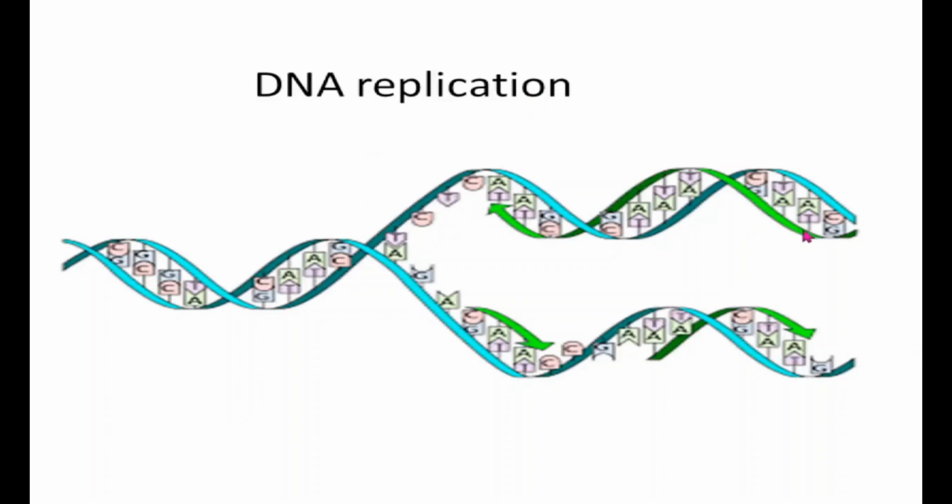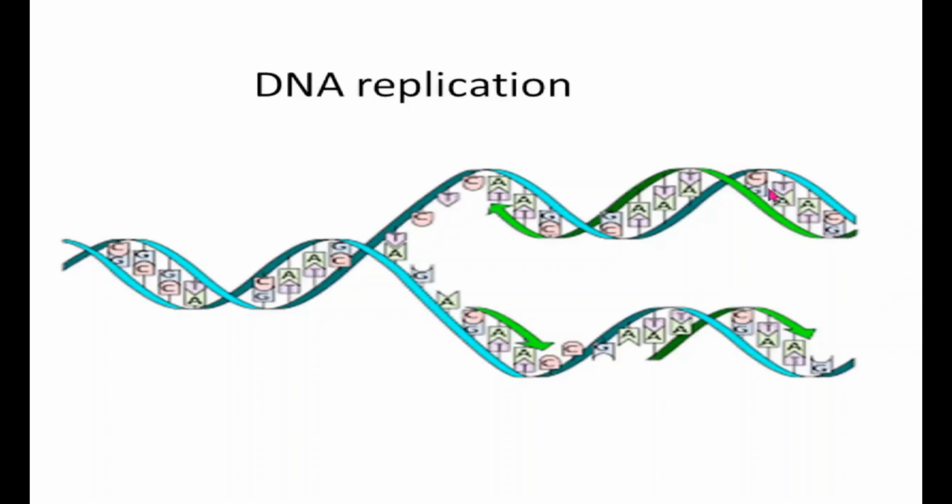This is the figure to show you the DNA replication. This is the original double-stranded DNA. When it is replicating, it will be unzipped and opened like this. Then the new strands will be made here.